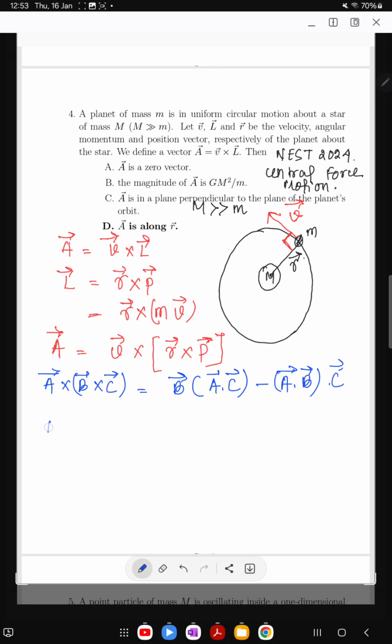So the A vector can be written as R (V dot P) minus P (V dot R).